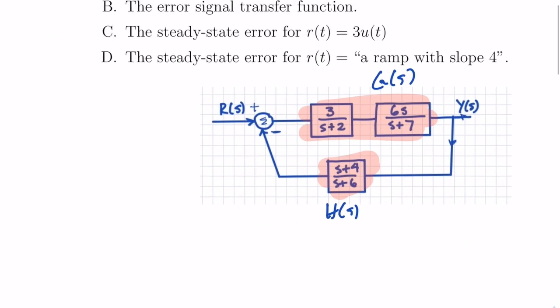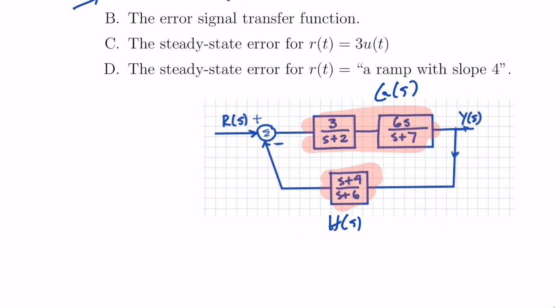We're asked to calculate several things. The first thing is the closed loop transfer function, so that would be Y of S over R of S. And we know that's going to be G over 1 plus GH.